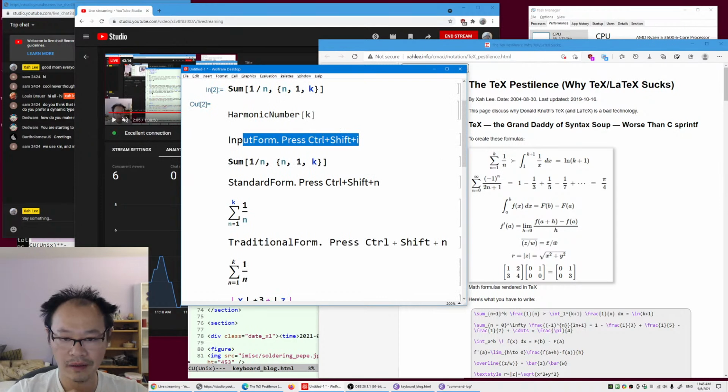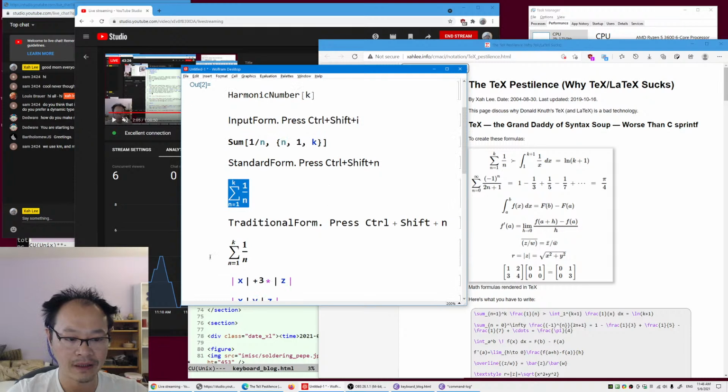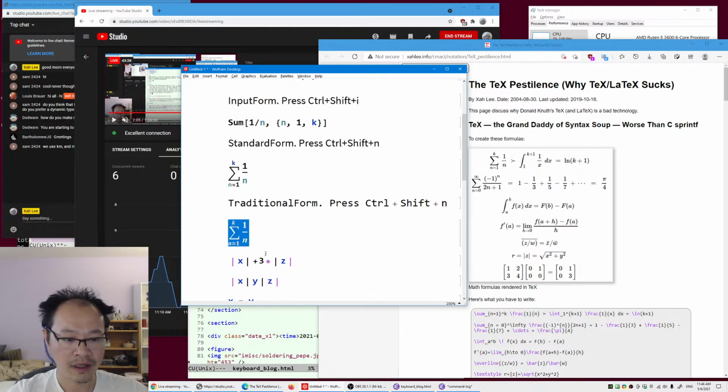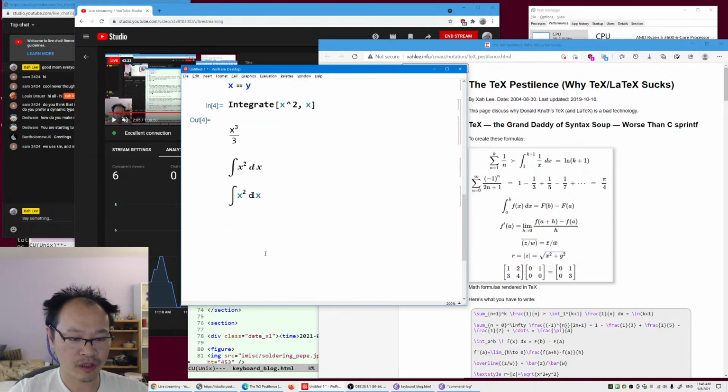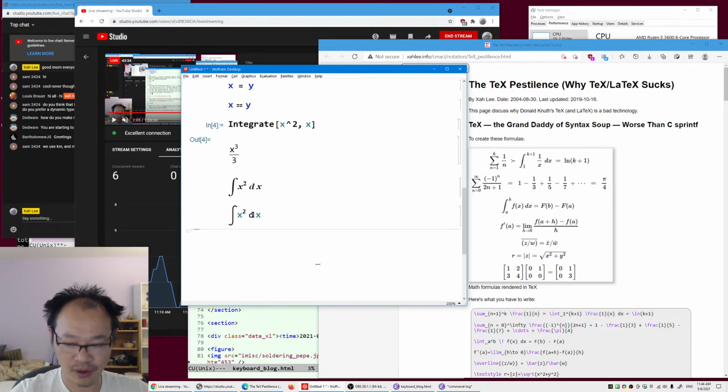Back to Wolfram language. We have the input form that looks like that. Then we have the standard form that looks like that. Then we have the traditional form. Oh yeah, now I do remember the difference between traditional form and standard form. Let's do a derivative with respect to x.